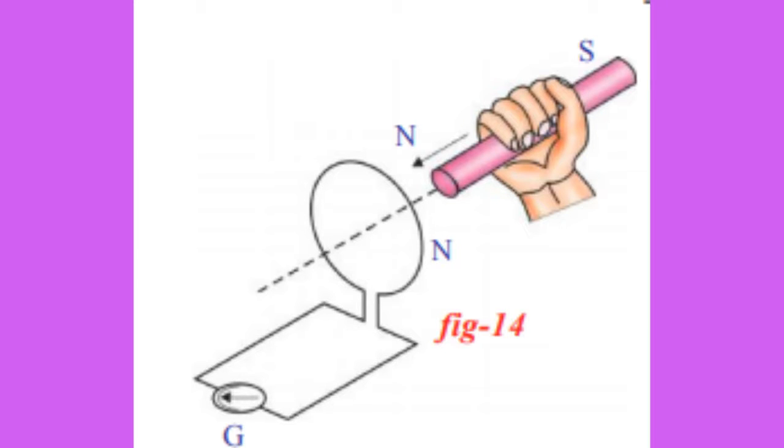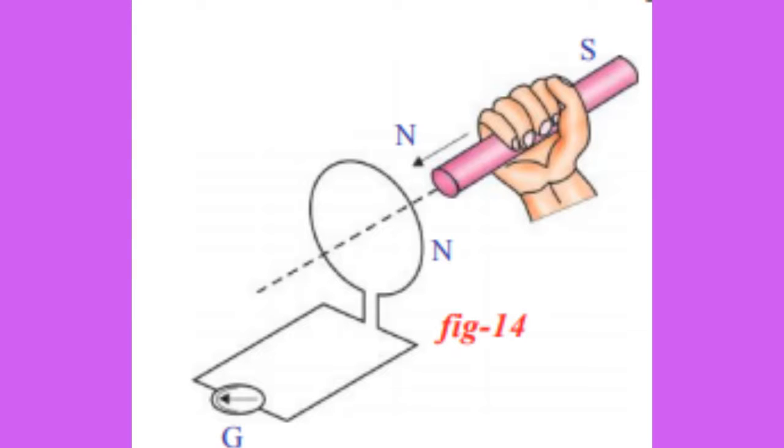Deflection in the galvanometer means there is some current. How is the current produced here? Actually, that coil is not connected to any battery. That current is induced by this magnet. Only when the magnet is in movement is that current produced. That current is called induced current.